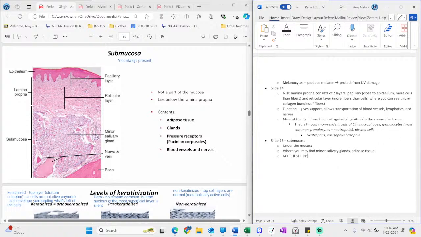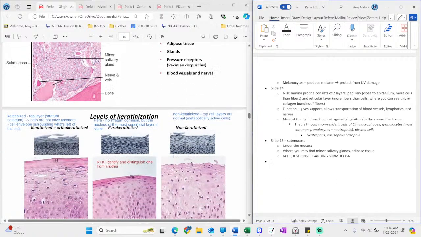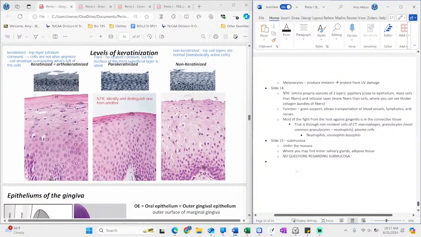So it's important that you are able to identify your typical keratinized epithelium from non-keratinized epithelium. Okay, so that's the first thing. In the keratinized epithelium, the most superficial layer is going to be dark pink, and you're not going to be able to see any cells or any nuclei in it.